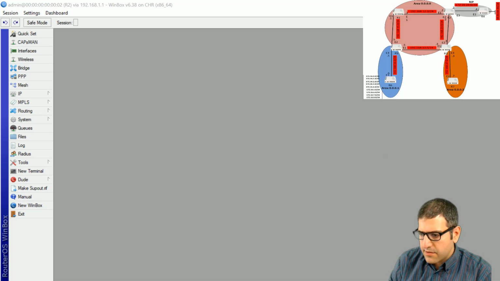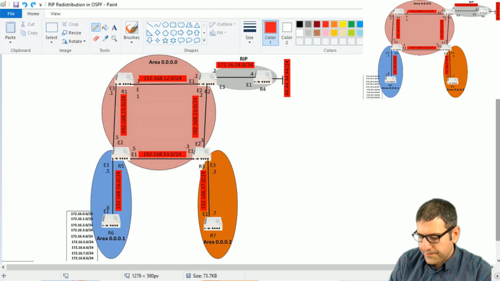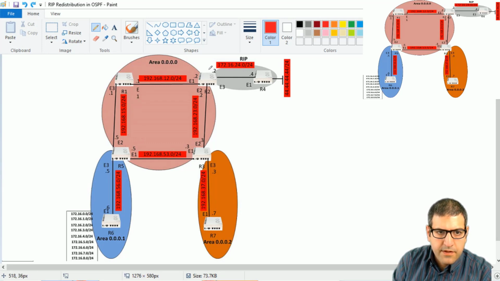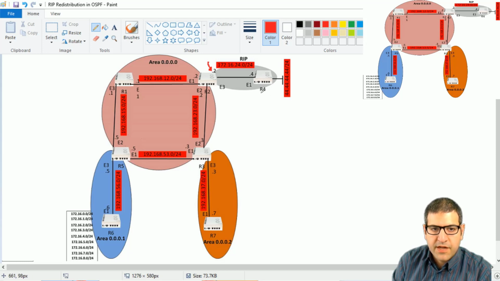And that's because, if we go here again to the picture, I have already enabled RIP on this Ethernet 3, and of course router 4 has RIP enabled on Ethernet 1 and on this network. Then in this case, router 4 is telling router 2 about this network because they are all configured with the RIP routing protocol. Okay, so router 2 can reach it.